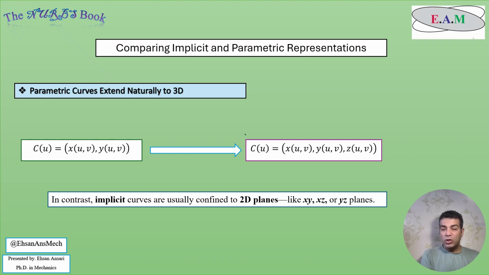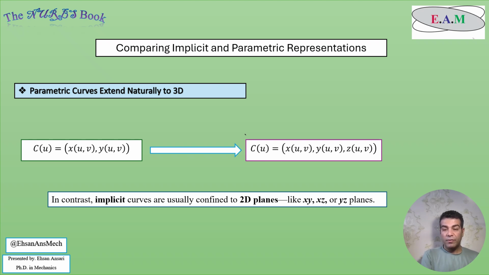One major advantage of parametric representation is that it extends naturally into 3D, from 2D space to 3D space. For example, if we want to define a 3D curve, we simply add a z component and define C(u) equals x(u), y(u), and z(u).